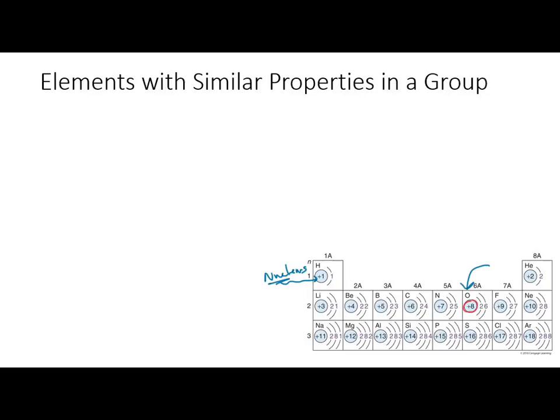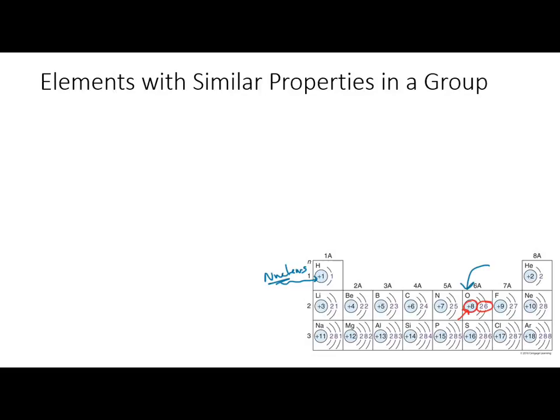We'll talk a little bit about when they're not neutral, but if an atom is neutral, then the number of electrons is the same as the number of protons. So if oxygen has 8 protons, it needs 8 electrons. That 2 and that 6 add up to 8.